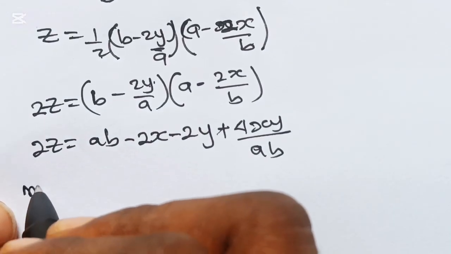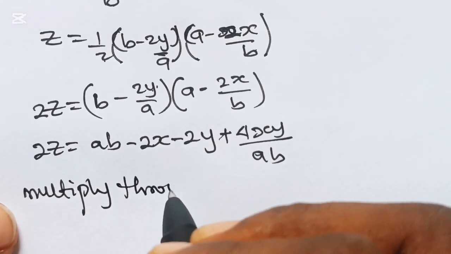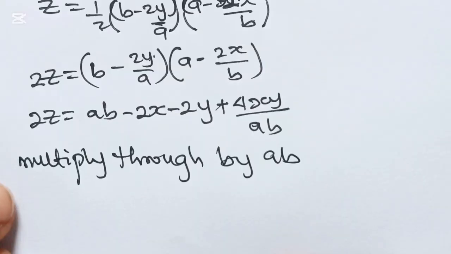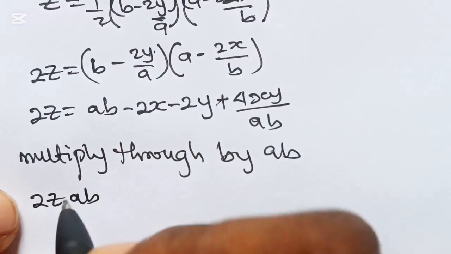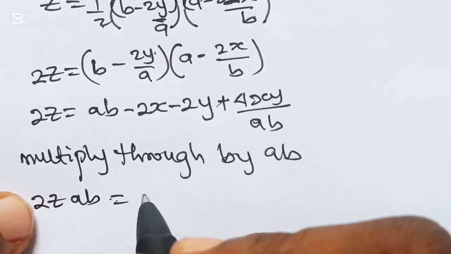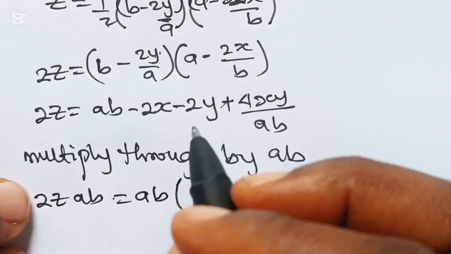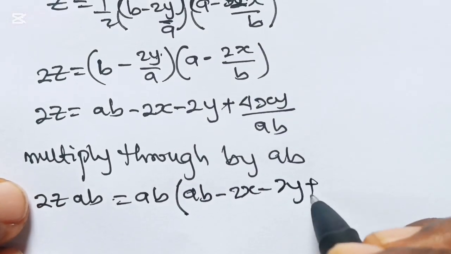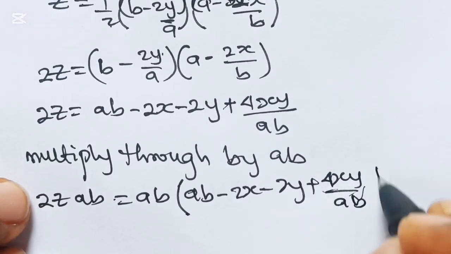So if we multiply through by ab, we will have 2z ab is equal to ab bracket ab minus 2x minus 2y plus 4xy over ab.